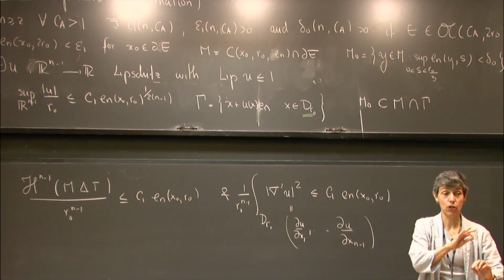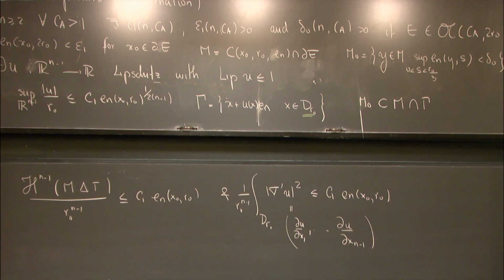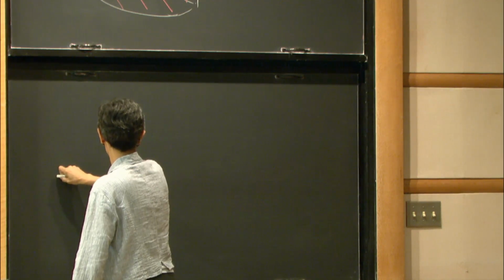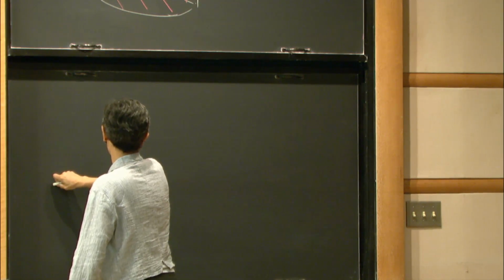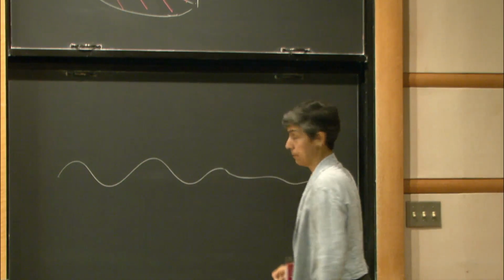So let me draw the picture. Bear with me. What on earth have I done? I started, so now I'm enlarging my picture. I started with something. Forget that the silly cylinder, I don't want to draw it anymore. I started with something that was stuck between two cylinders, but it could have looked like that.